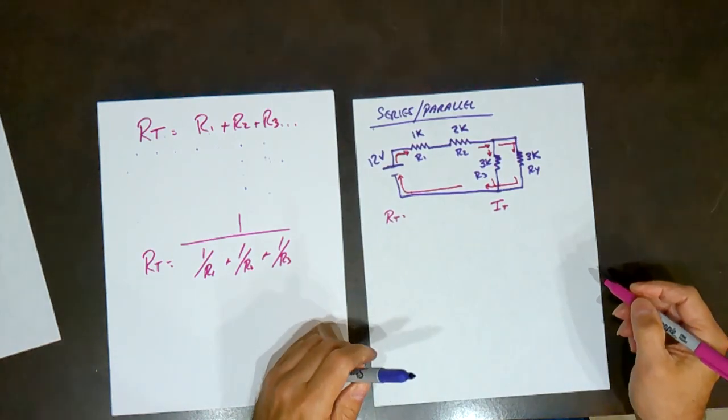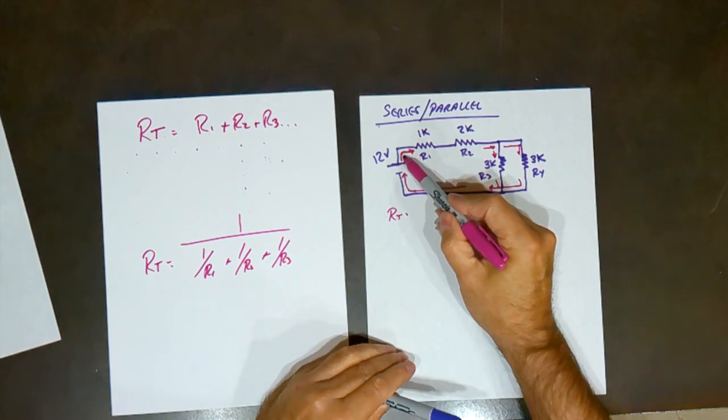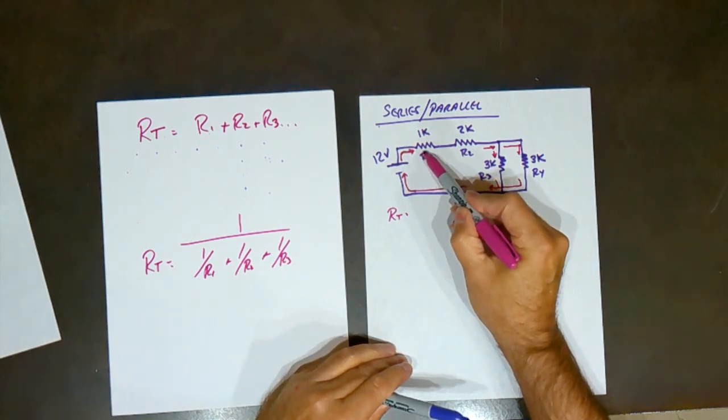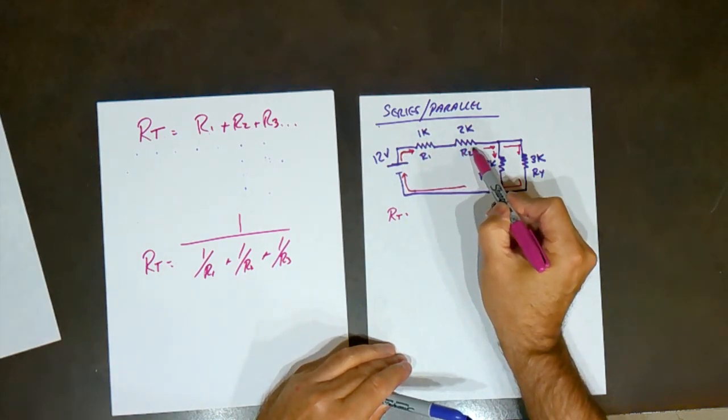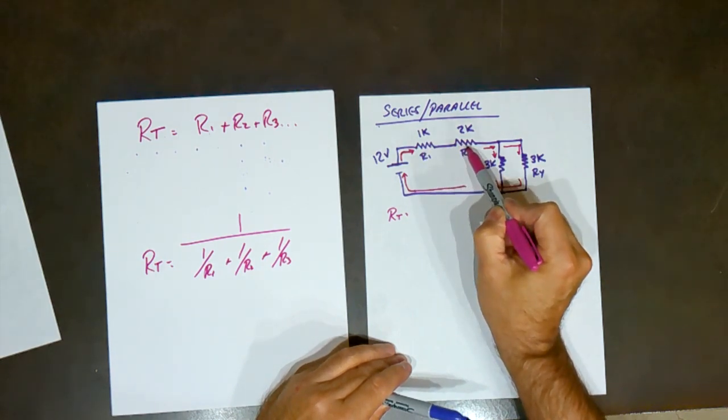That's the path of I total. So this current goes all the way through that resistor and that resistor, which means they share the same current. These two are going to be in series.